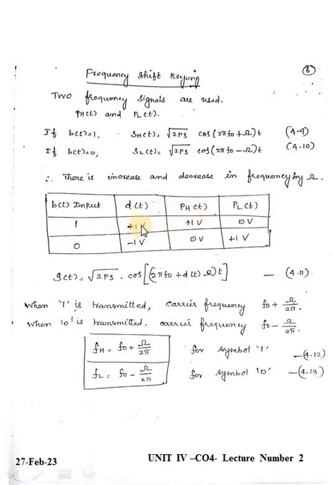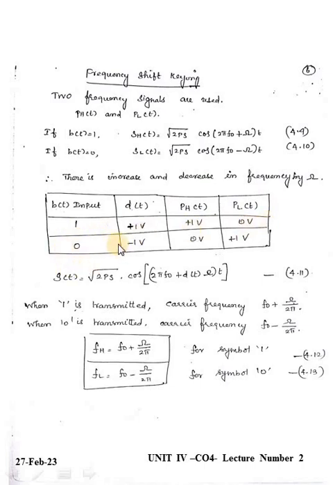For plus 1 volt from the origin, if the binary input signal is 1, then the high frequency signal is equivalent to plus 1 volt. For the same condition, the inverted signal, that is the low frequency signal, gives 0 volt. Then the next symbol is 0.